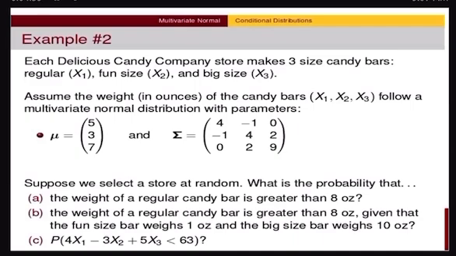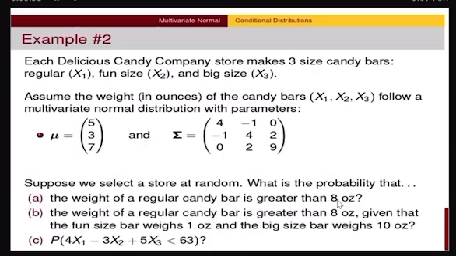Assume the weights of sales of the candy bars S1, S2, S3 follow a multivariate normal distribution with given parameters. The mean is 5, 3, 7, and the covariance matrix is also given. Suppose we select a store at random. What is the probability A, that the weight of a regular candy bar is greater than 8 pounds?